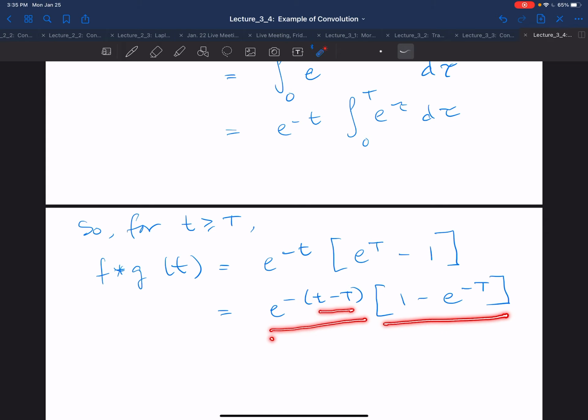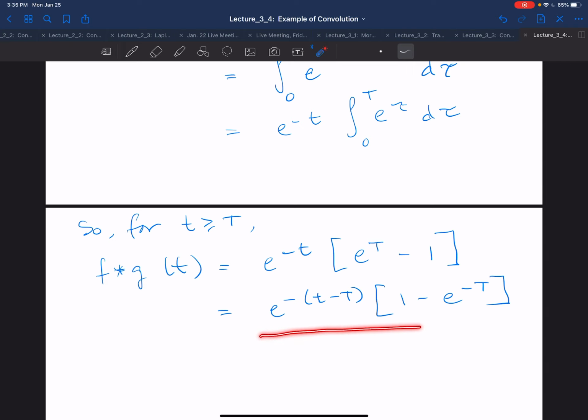This is just, as a function of t, a decaying exponential, if you like. This term here has the value 1 at little t equals capital T, and then it decays exponentially.